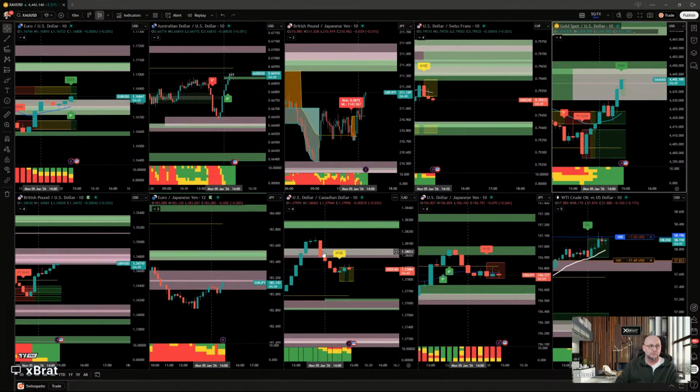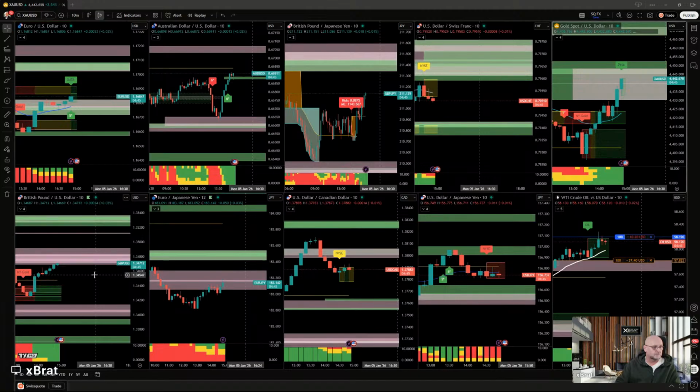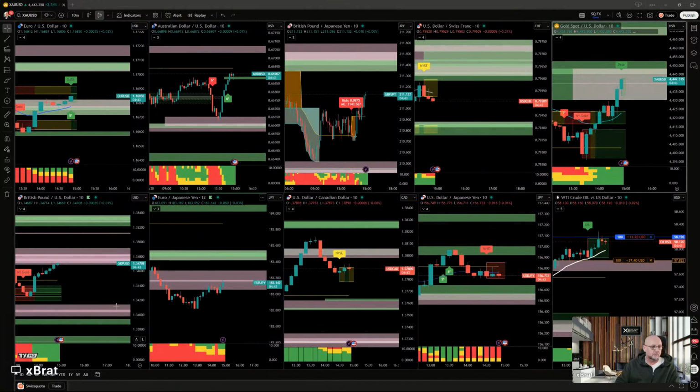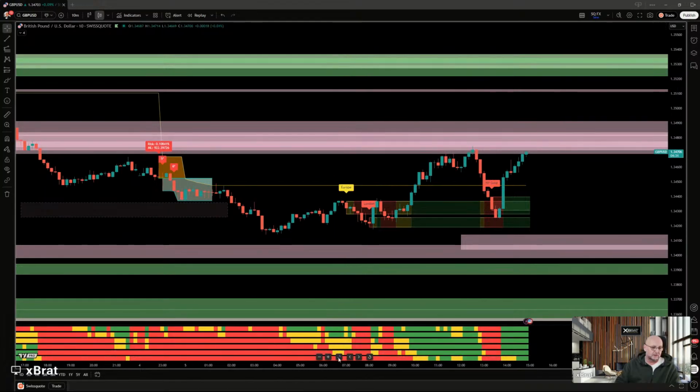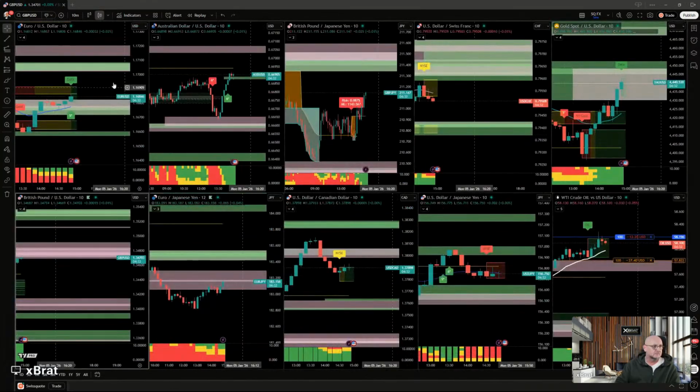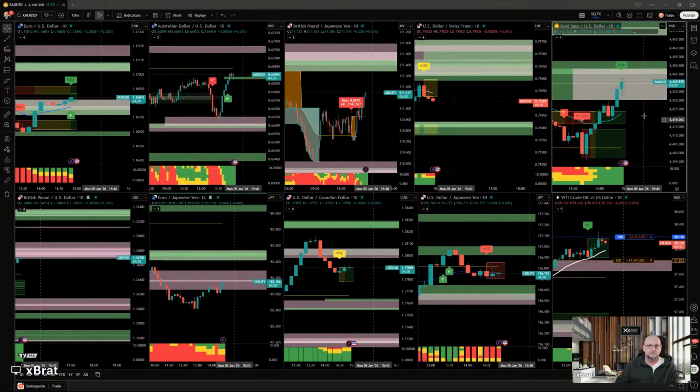Gold's still pushing up. Sometimes I like to trade breakouts of these support and resistance zones, but today is not the day. Just under 5 minutes before the data comes out.